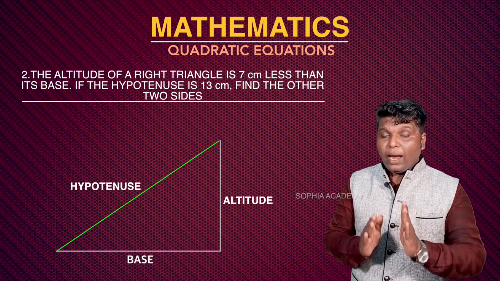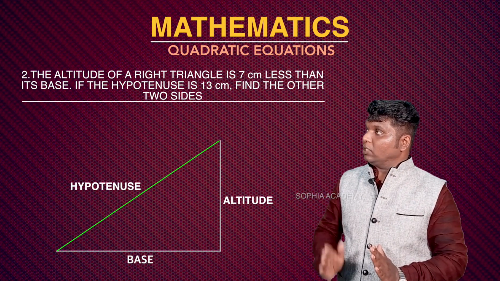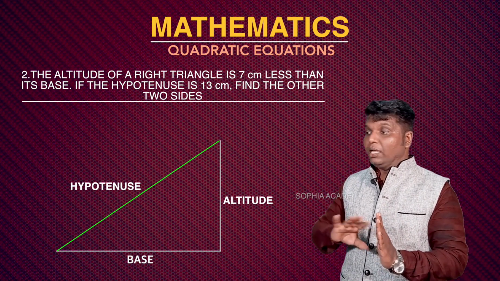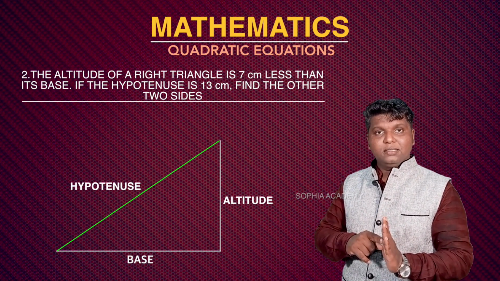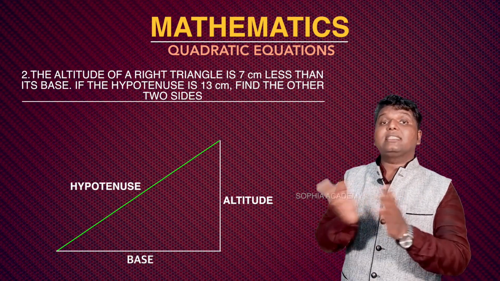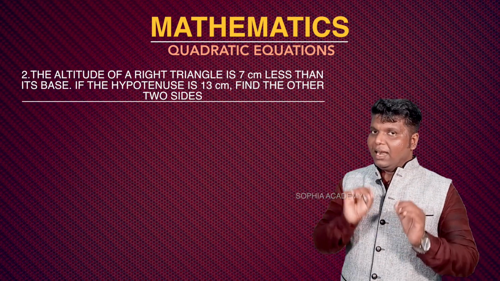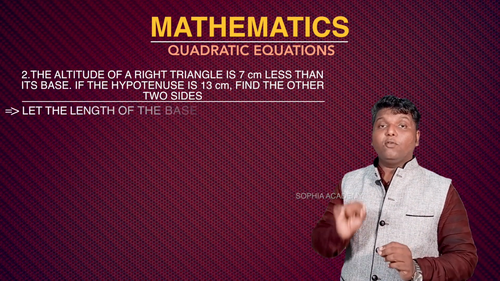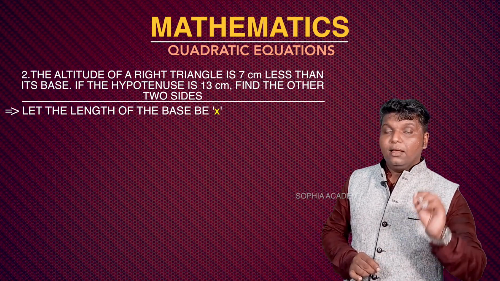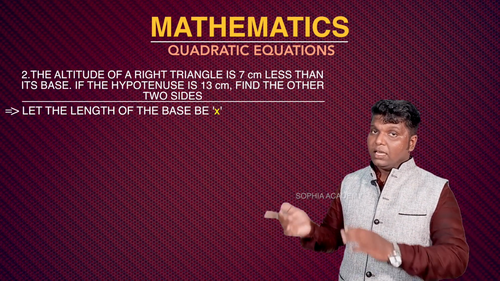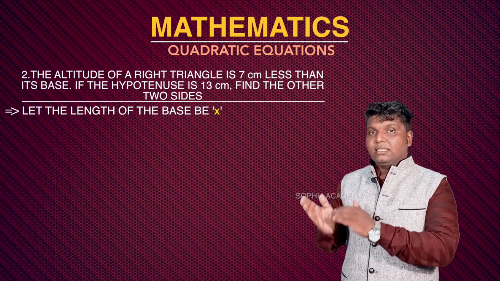When the question mentions the altitude, it connects it with the base: it's 7 centimeter less than the base. So the very first step will be: let the length of the base of the right angle triangle be x. We take the base as x because whatever the base is, the altitude will be 7 centimeter less.